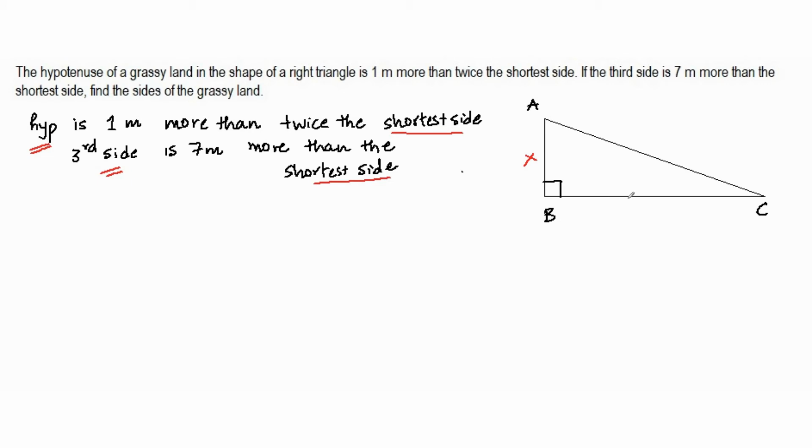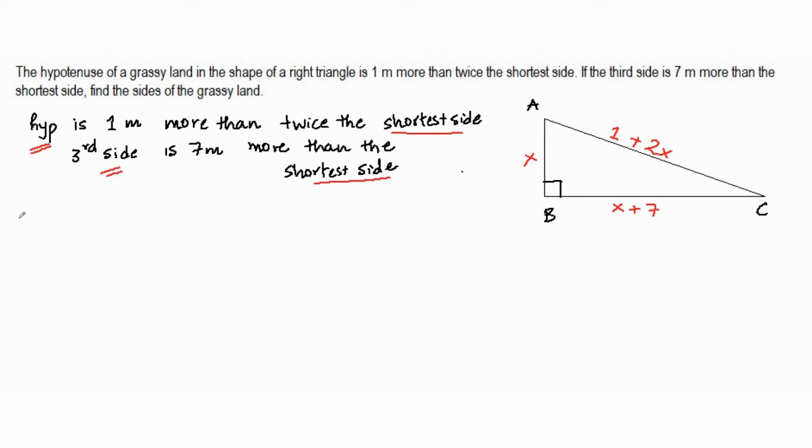Now let's frame the expressions for the other sides. The third side is 7 meters more than the shortest side. That is, the third side is going to be x plus 7. And the hypotenuse, that is AC over here, is 1 more than twice the shortest side. So the hypotenuse is going to be 1 plus 2x.